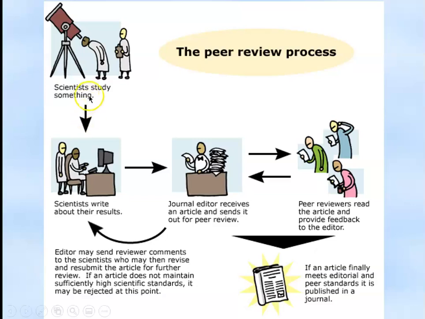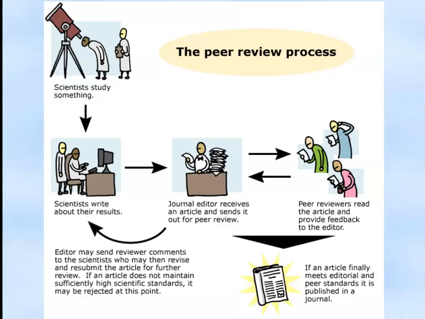Okay, so once the journal gets it, the editor reviews it and decides whether or not it's worthy of being sent on for further review. Okay, the further review is where the peer review process really happens. So the peer reviewers are other scientists who are familiar with the topic of this research report. Okay, so these scientists will read through the report and they will try to decipher whether or not this is good science.